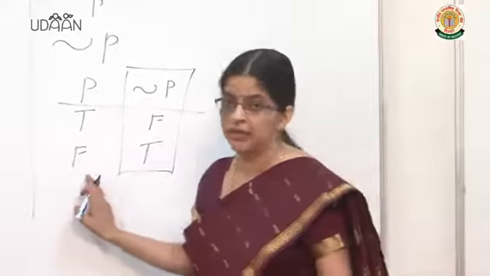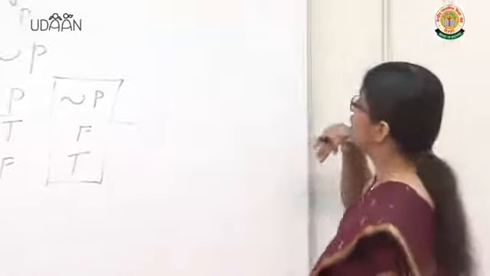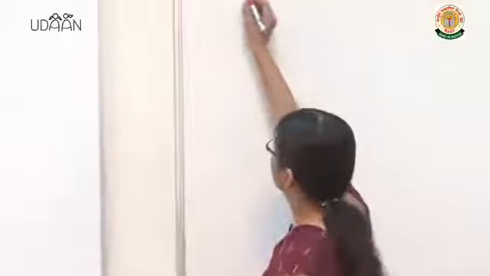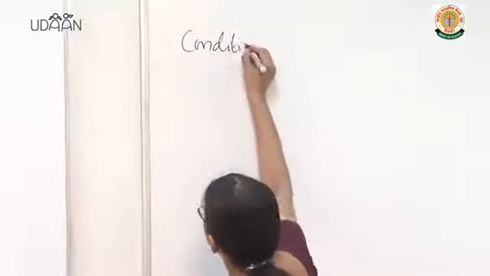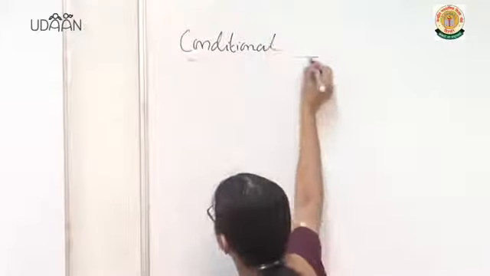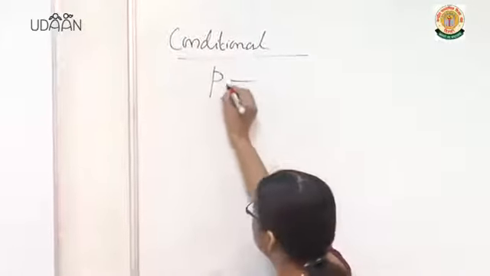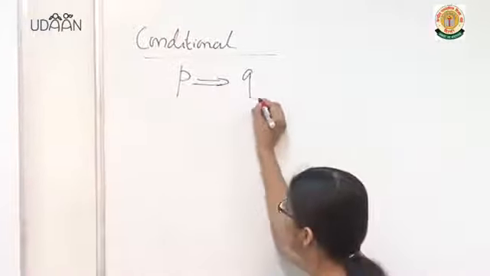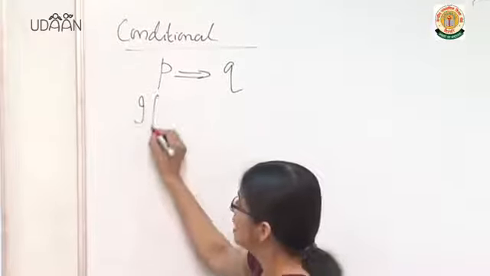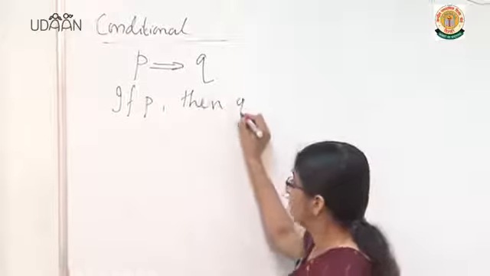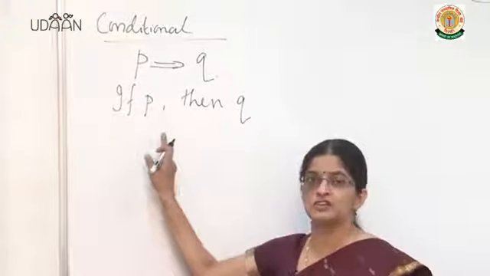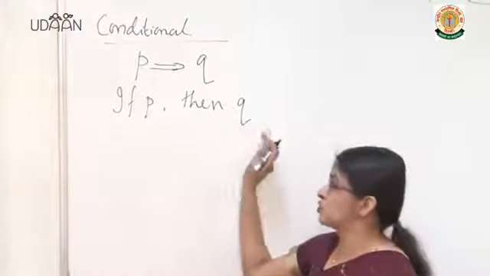Proceeding to the next connective, conditional. We write it this way, P implies Q. This means if P, then Q. That is, if P is true, then Q is true.